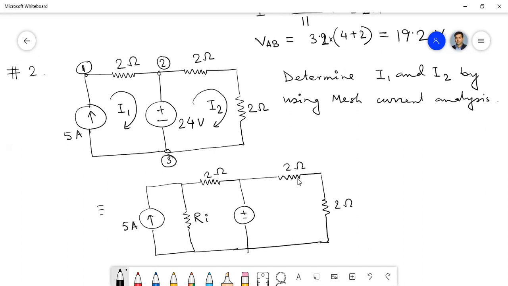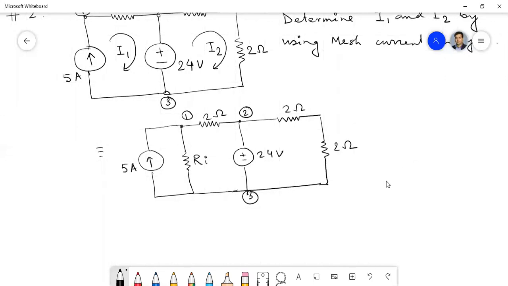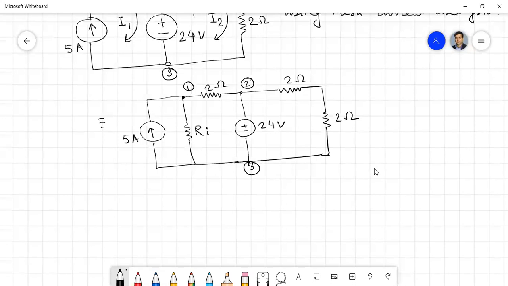Okay, so this is 2 ohm, this is 24 volt, this is your node 1, this is 2, and this is 3. So this we can write. Afterwards, what we'll do, we'll put the value of the resistance Ri tends to 0.